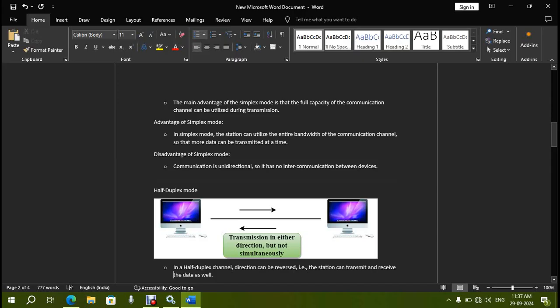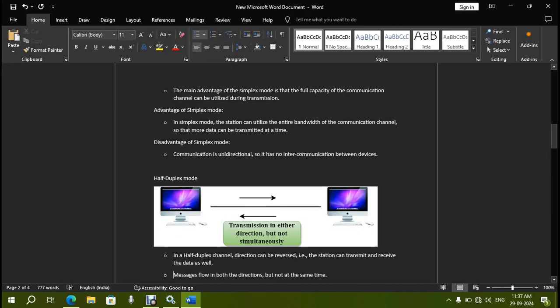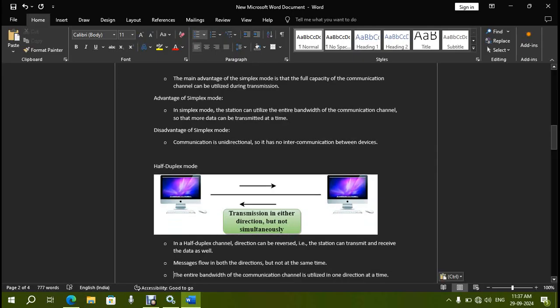This is half duplex, meaning signals move not simultaneously, not at a time. In a half duplex channel, the direction can be reversed, that is, the station can transmit and receive data as well. Messages flow in both directions but not at the same time.